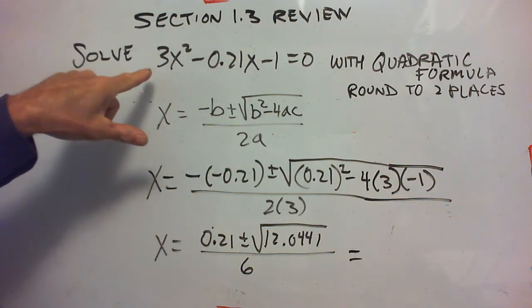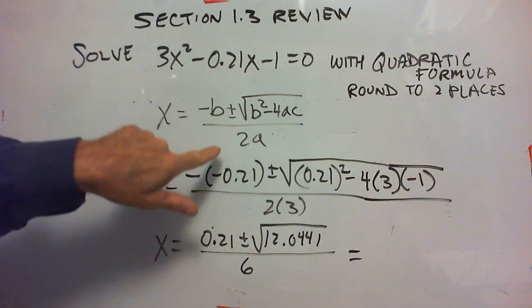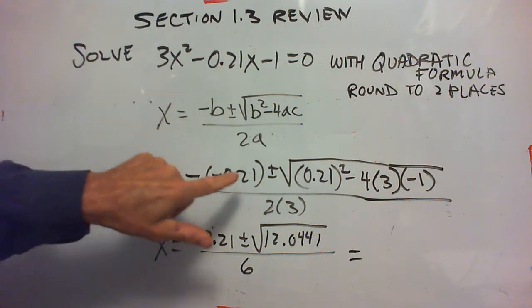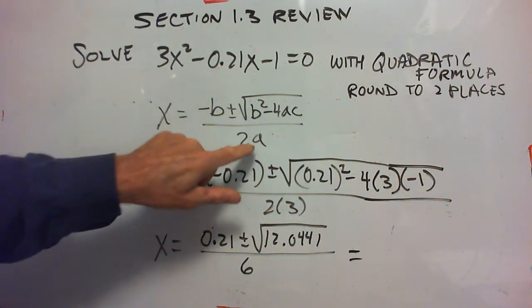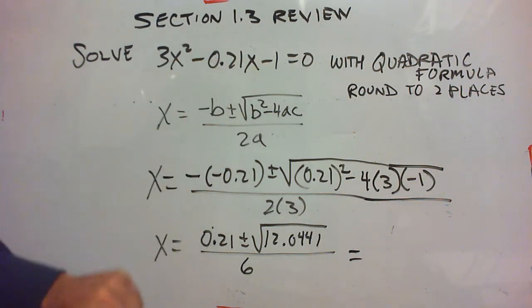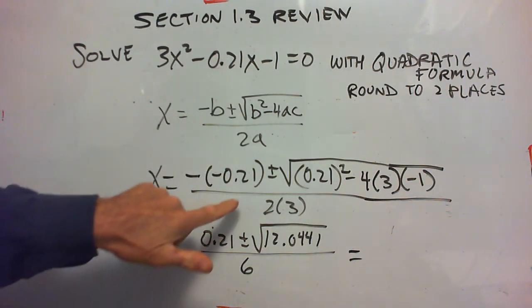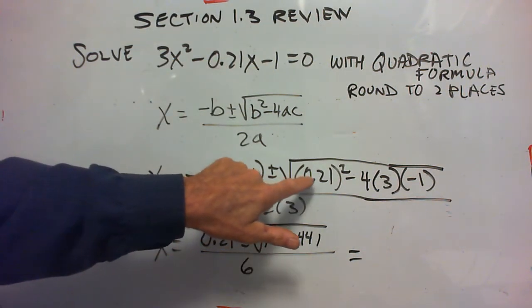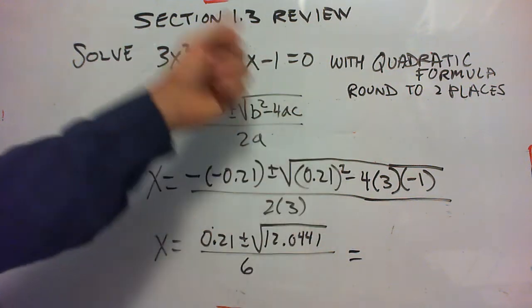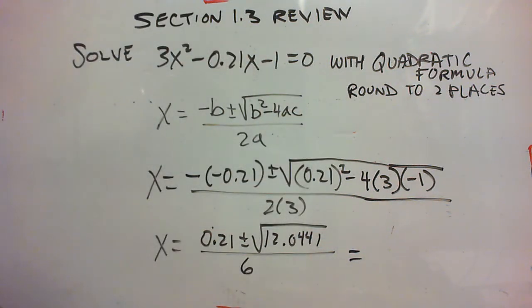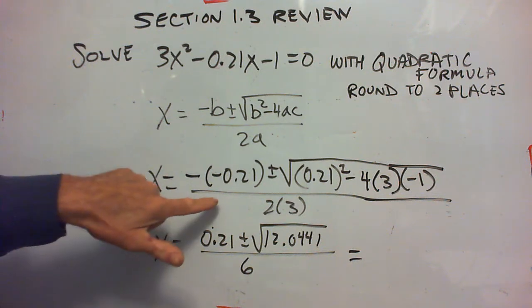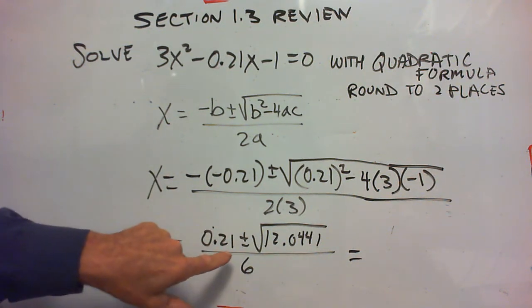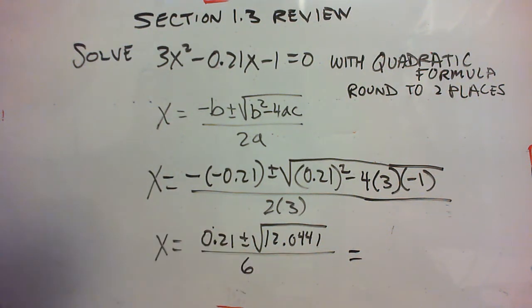We plug those coefficients in. -0.21 for b, 3 for a, and -1 for c. And if you notice here for the 0.21, I just left off the negative sign because we're squaring it. It'll disappear.